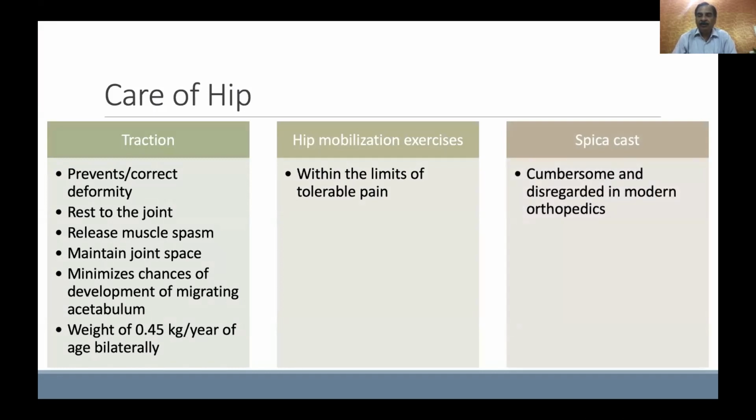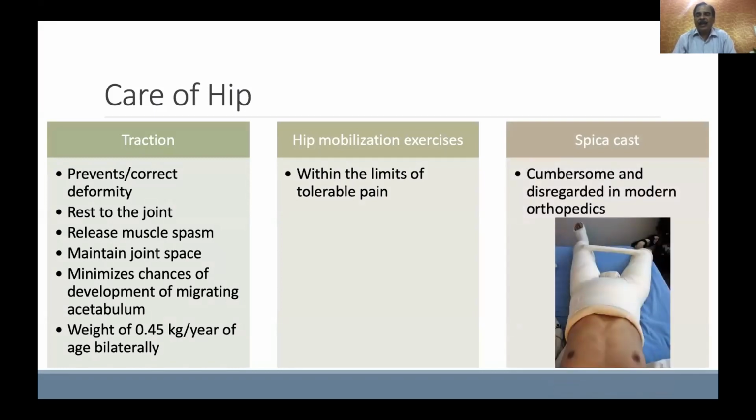And then, of course, the hip spica is not used anymore now. It's very cumbersome. Even today, I'll use a hip spica in selected cases. If the joint is gone, there's a fibrous ankylosis, the patient has pain, and the position is not functional, I'll take the patient to the theater under anesthesia and see if I can correct the deformity till it is in a functional position, and then put the patient in a hip spica.